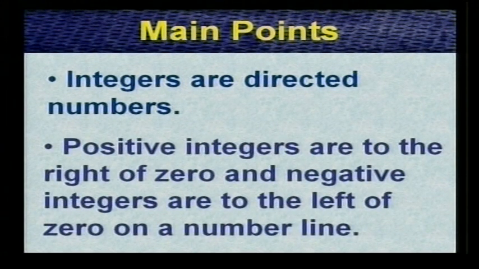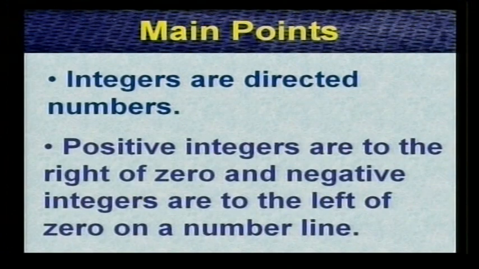Positive integers are to the right of 0, and negative integers are to the left of 0 on a number line. Here now, we are going to be using a number line to plot the integers that are prepared in your activities. Look at point number 3 again.